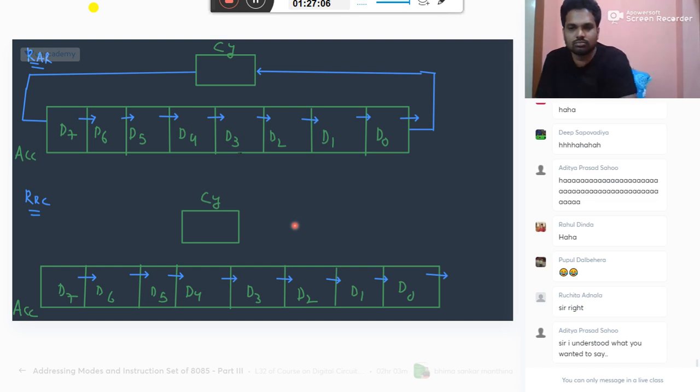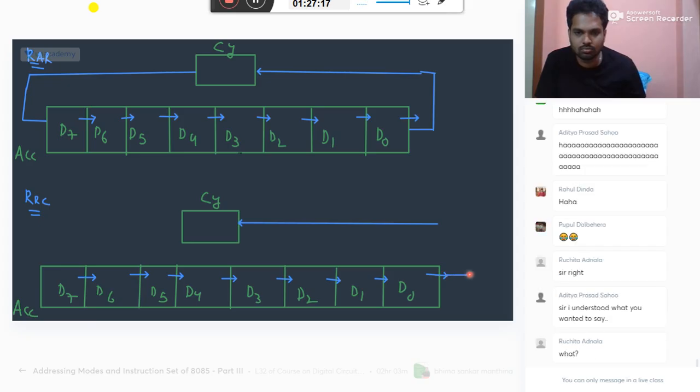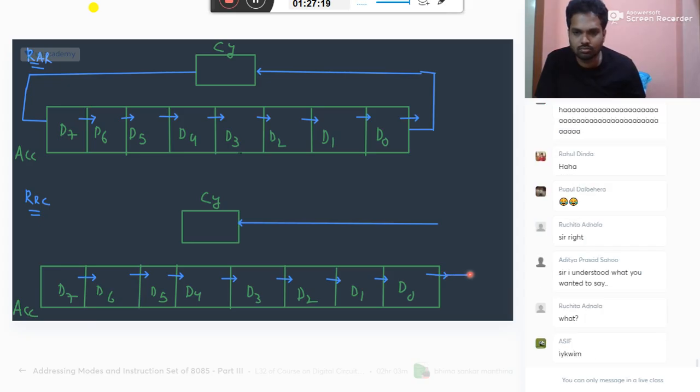Okay. See here. You understand, in both the cases carry will be affected. This is rotate right, and carry is loaded here. You understand? In this case, it is 9-bit rotation.